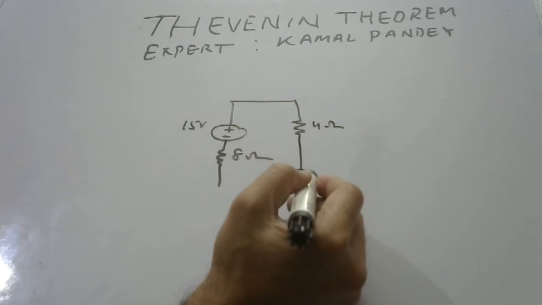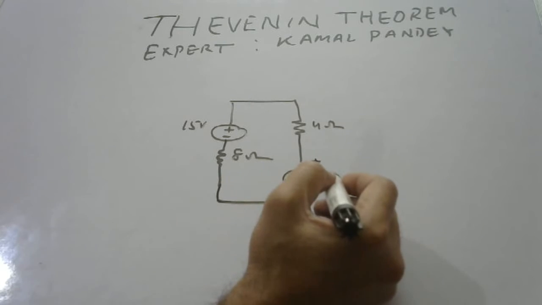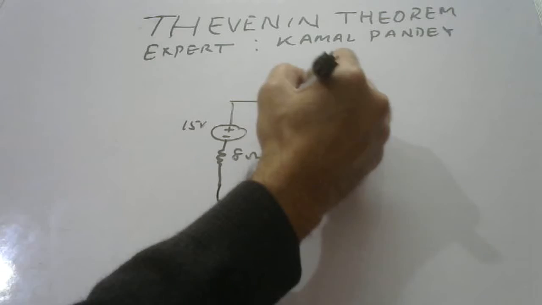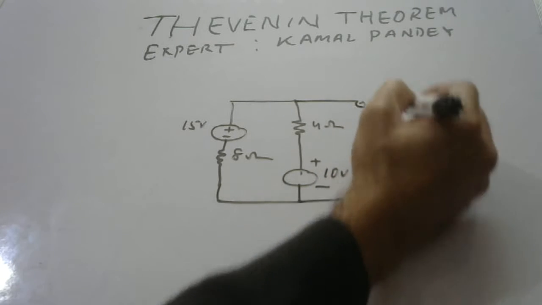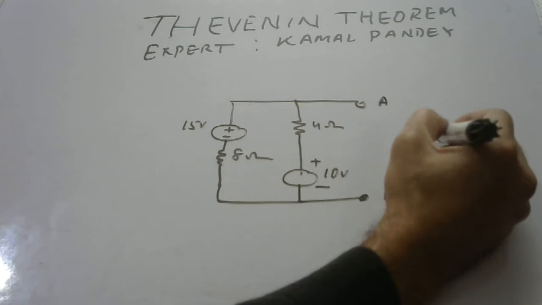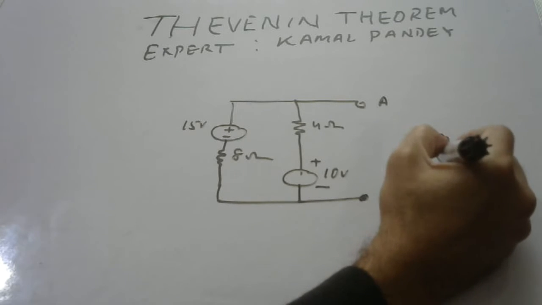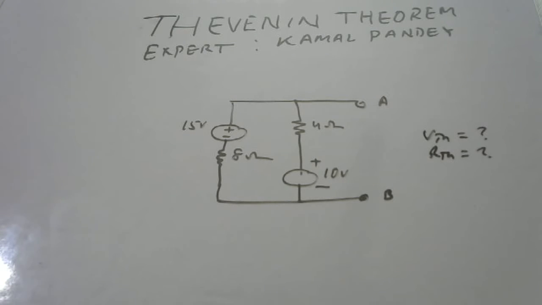And here is another voltage source of 10 volt, this is positive, this is negative. Here is the terminal AB, where we have to find the value of VTH and RTH. This is the question we have.